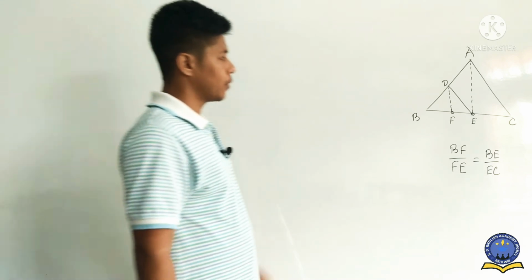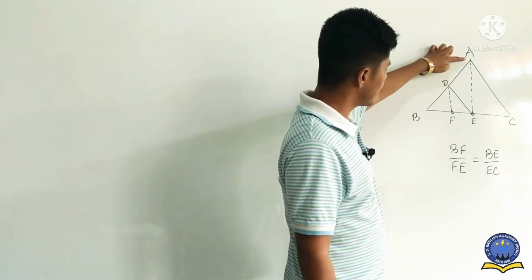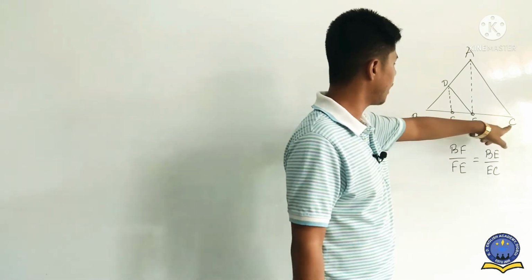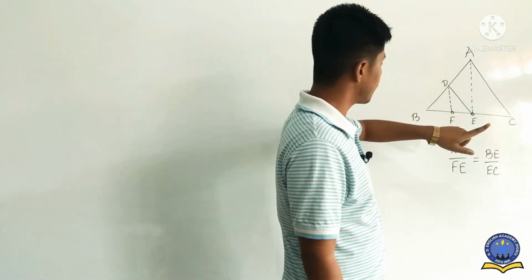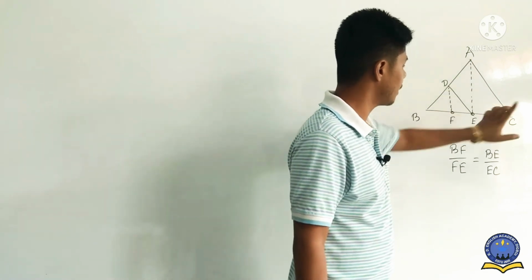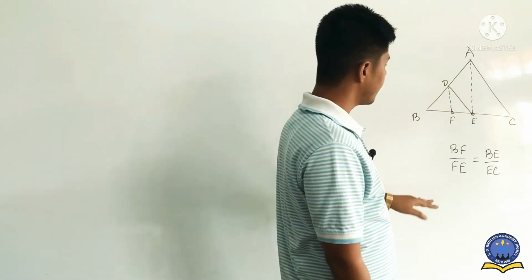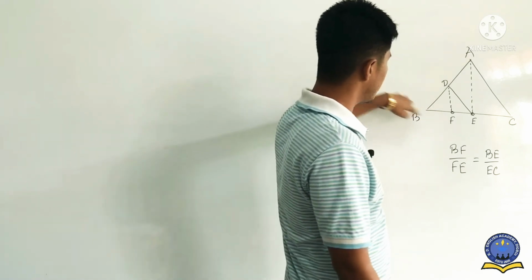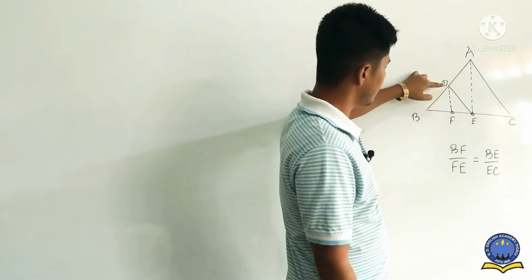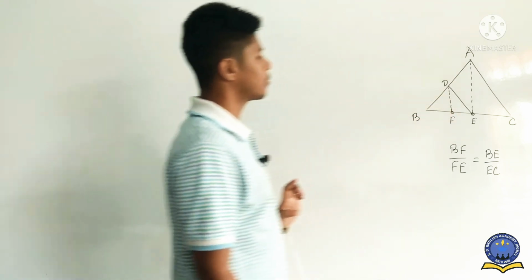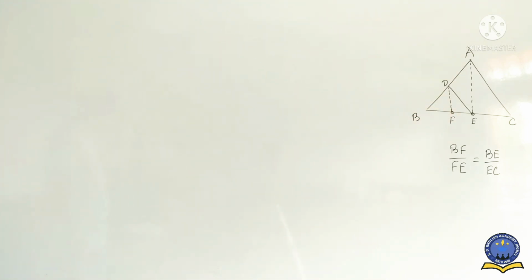First of all, in triangle ABC, it is already mentioned that DE is parallel to AC according to our question. And if we consider the second triangle ABE, it is already mentioned that DF is parallel to AE.